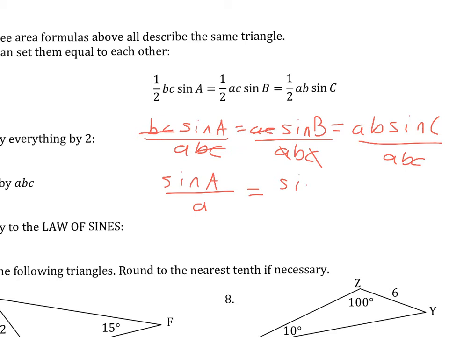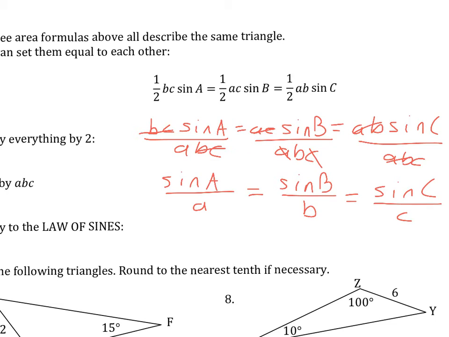We have sine B over B. And sine always gets the capital letter because you always put an angle with sine. All right, A and B cancel out, and we have sine C over lowercase c. So this is the law of sines.